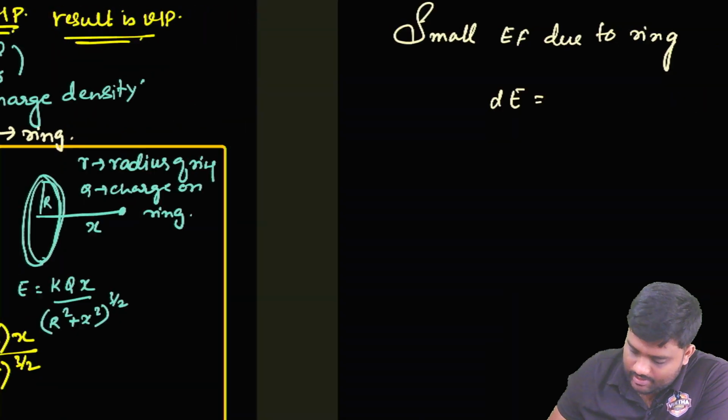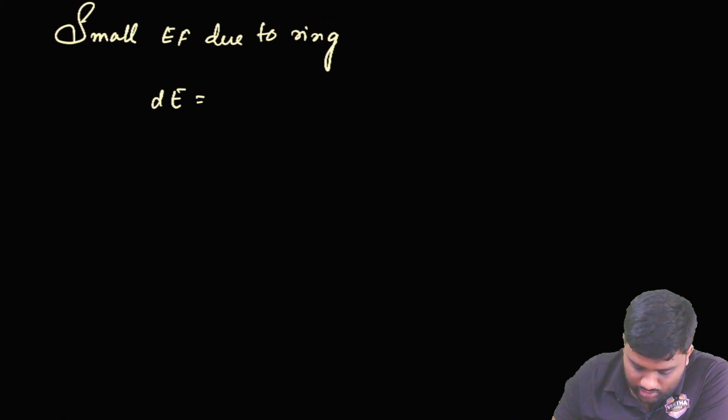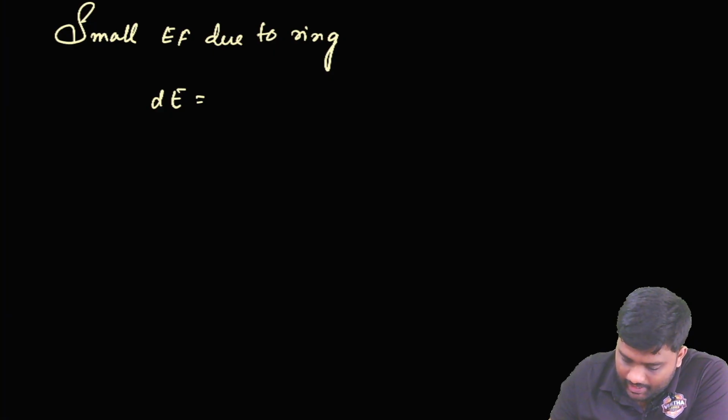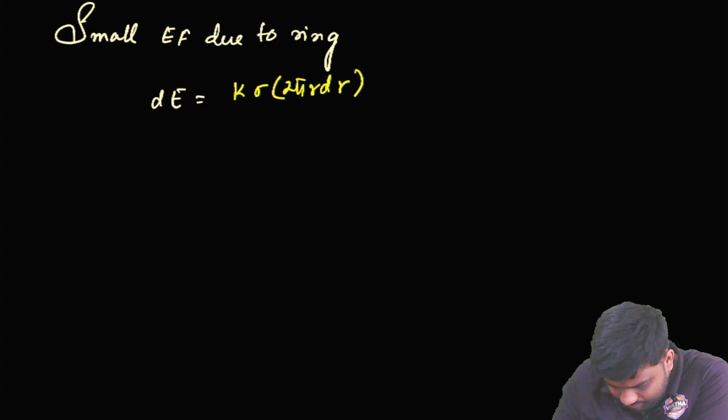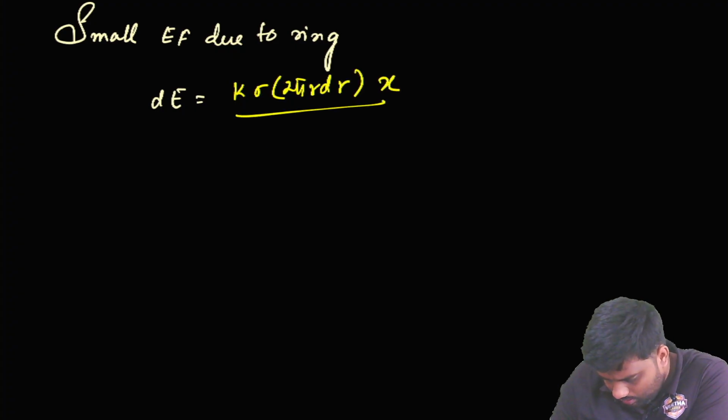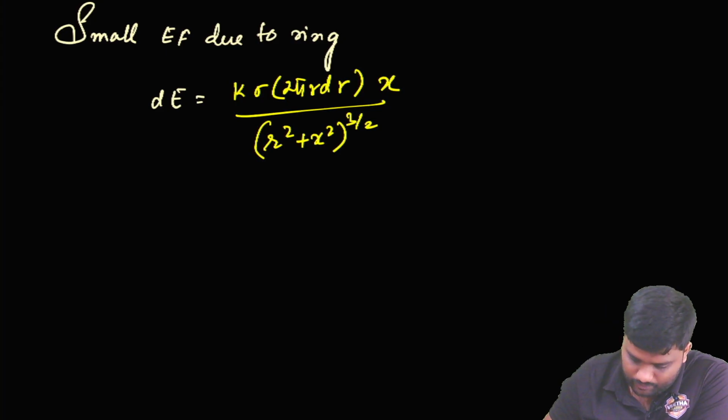So here, the small electric field due to a ring is given by dE is equal to K sigma 2 pi r dr into x upon r square plus x square whole power 3/2.